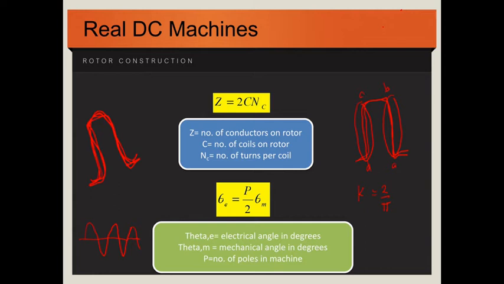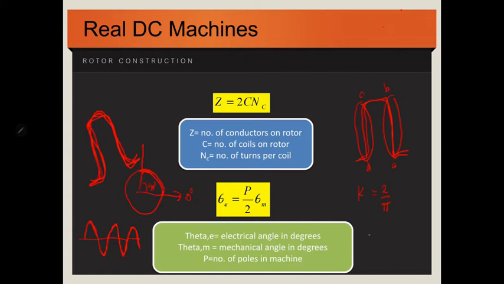So the electrical angle means this angle, the waveform angle, and the mechanical angle means the rotation around the loop. So say this is arbitrarily 0 degrees. As the rotor rotates, say it rotates to here, we know that it has rotated 90 degrees mechanical angle. So that's the difference. The electrical angle, or how many degrees we have on the waveform, will depend on the number of poles.